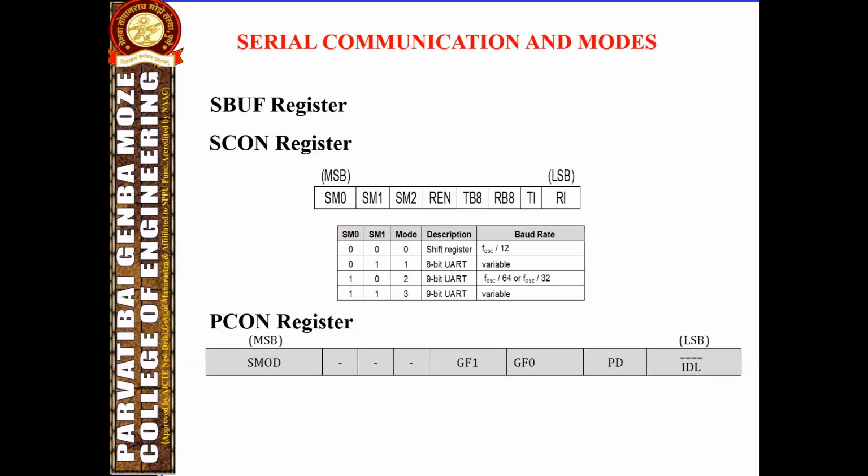The information is simply grabbed from the 8-bit data bus of the sender and transmitted to the 8-bit data bus of the receiver. Parallel communication works only for shorter distances.